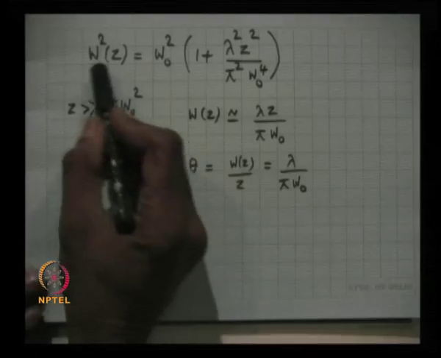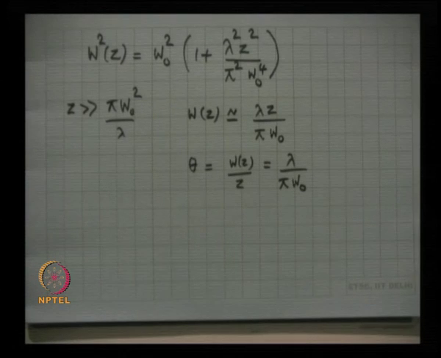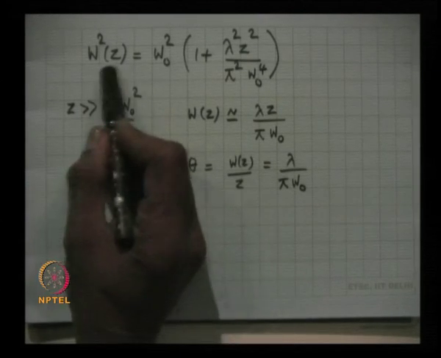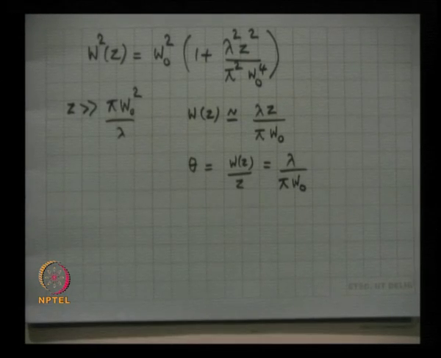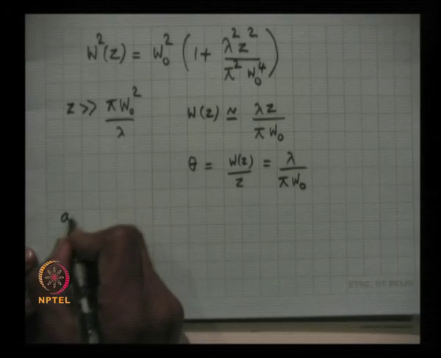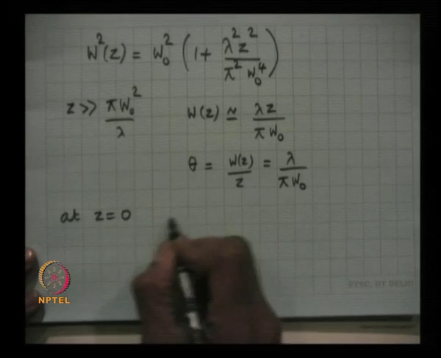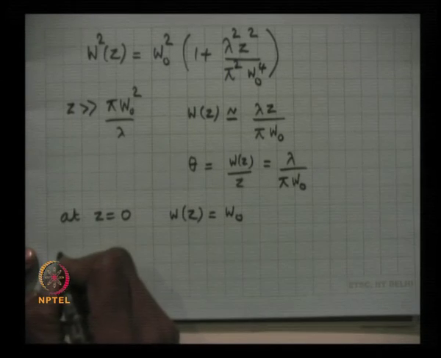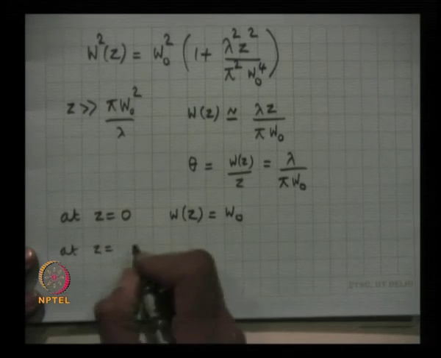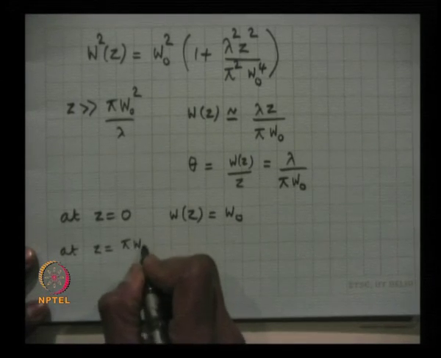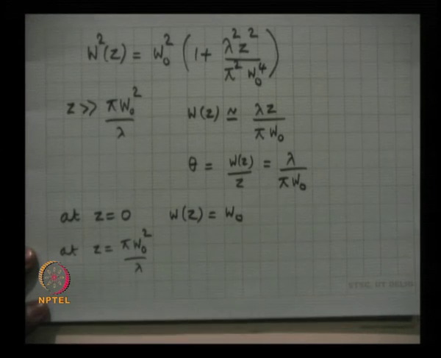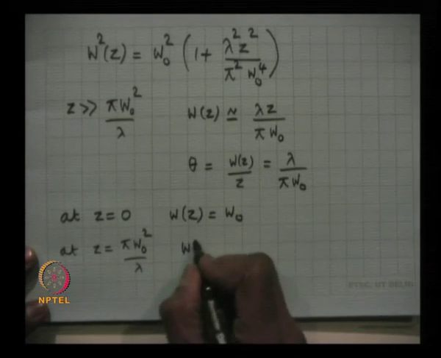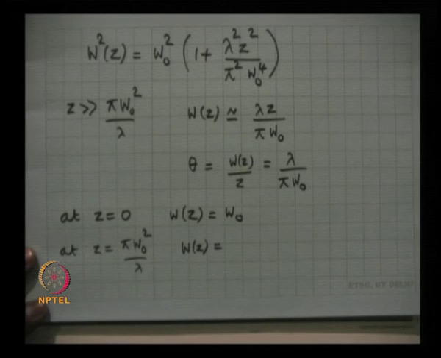This expression tells me the distance at which the spot size becomes root 2 times the input. At z equal to 0, w of z is w0. At z equal to pi w0 square by lambda, what will be the value of w of z?